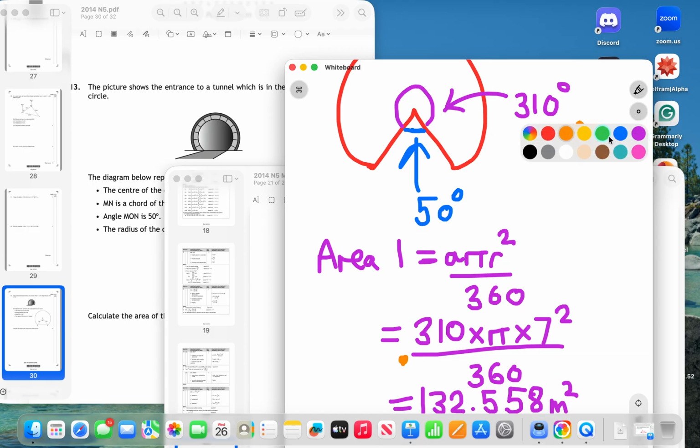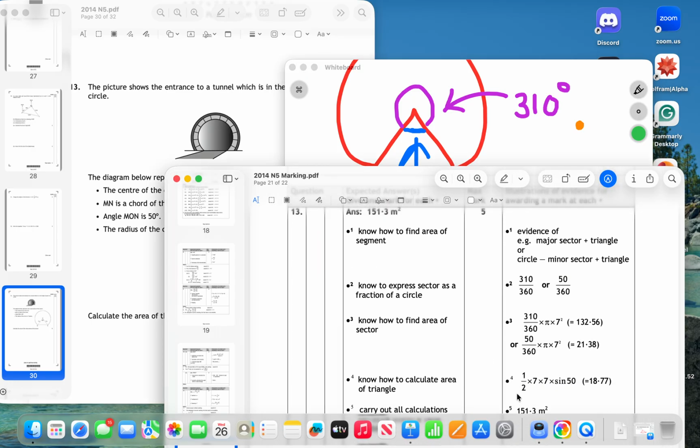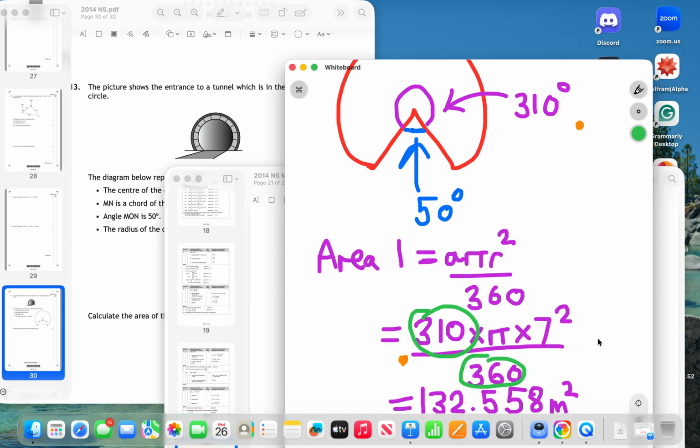And if I highlight it in green, this would be this and this. But they're embedded in the formula. So the third mark is for knowing how to find the area of the sector. So this would get you the third mark. This here.